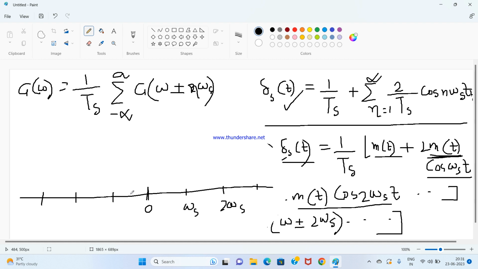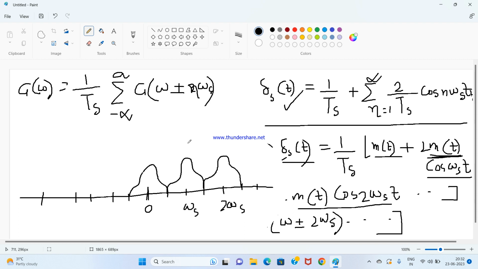So already we have seen the spectrum of g omega. Say it looks something like this. So again the next spectrum will be placed here, and the next will be placed here, and so on.